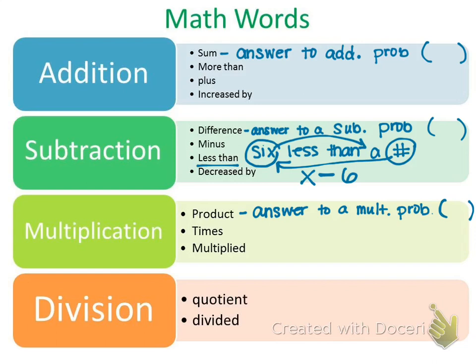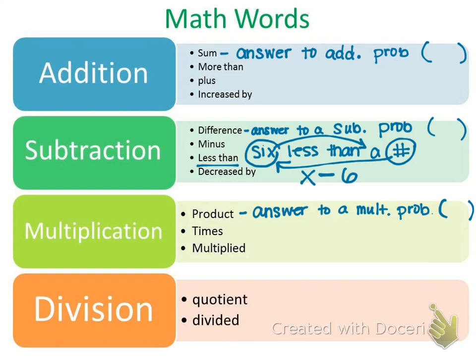Parentheses. Parentheses. Answer to a multiplication problem. So if you were to hear the product of a number and 7, I could do 7 times X. All right? In parentheses. Times. Anytime you see the word times also means multiplication.